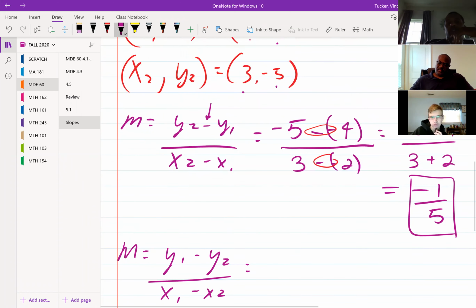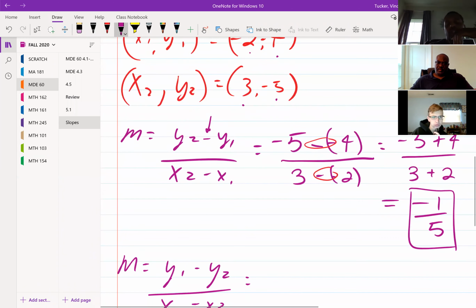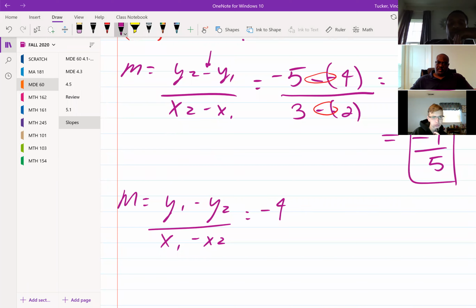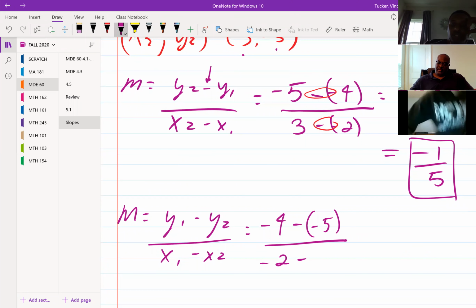All right. So y1 is negative 4, y2 is negative 5, x1 should be negative 2, and then x2 is 3.